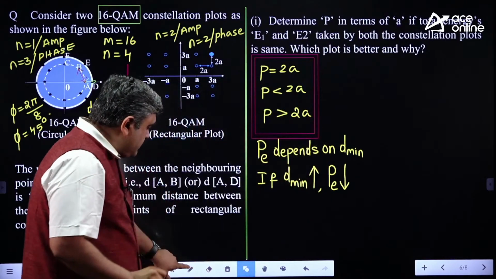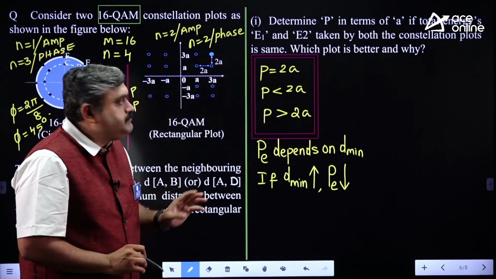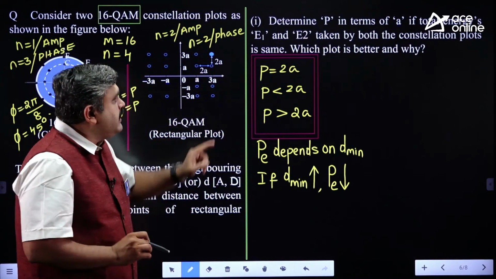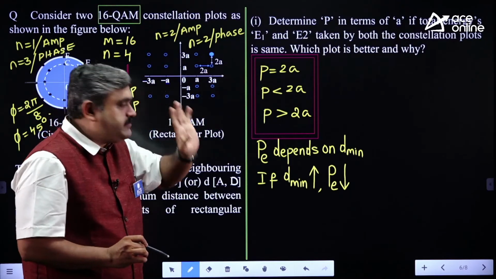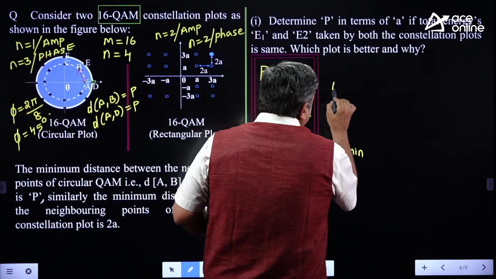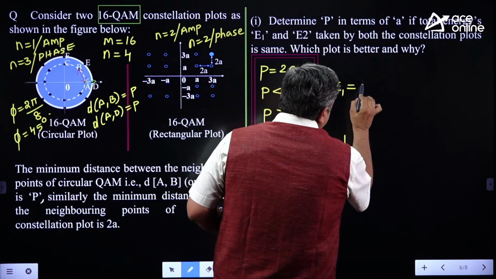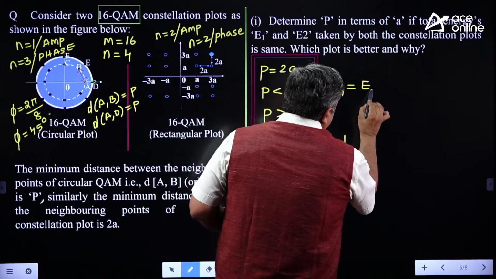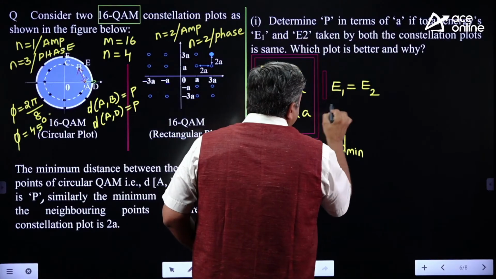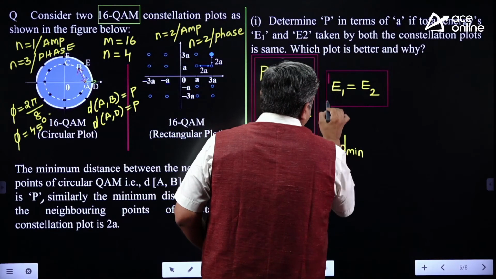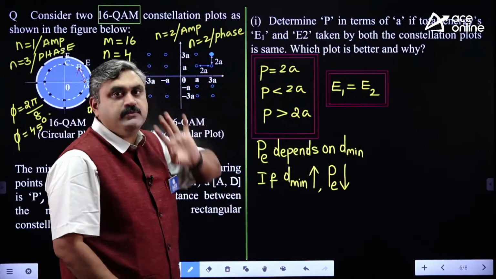Okay. Now, read the question fully, you will get an idea. Determine P in terms of A if the condition is that the total energies E1 and E2 taken by both the constellation plots are the same. That means the energy taken by the circular constellation plot and the energy taken by the rectangular constellation plot, for both the 16 QAM schemes, is the same. Under this condition, you can compare d minimums.